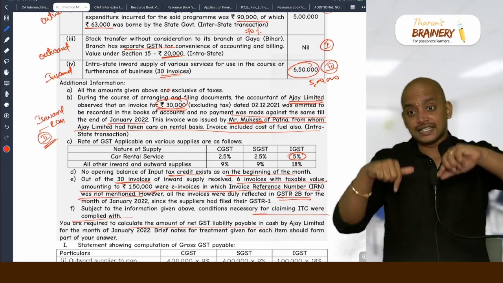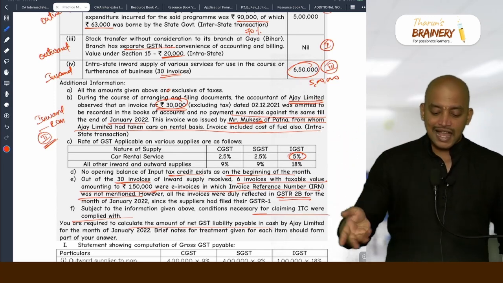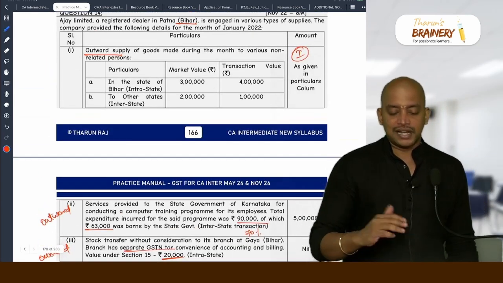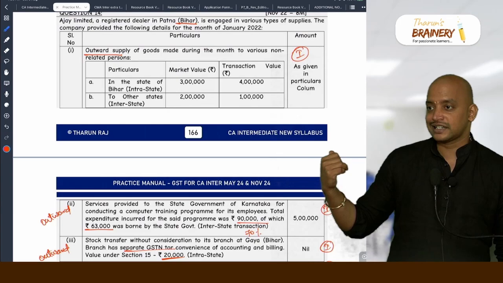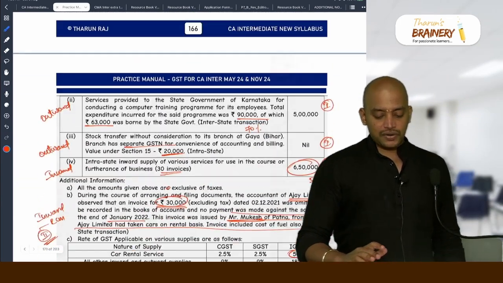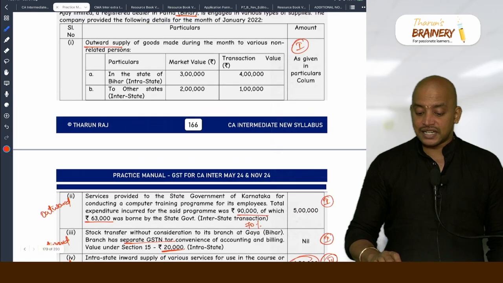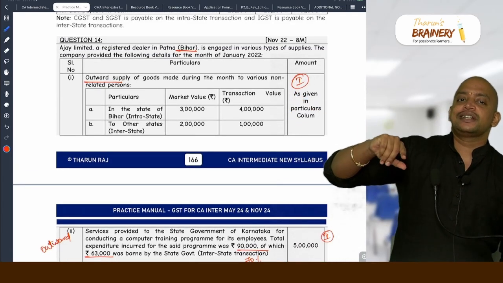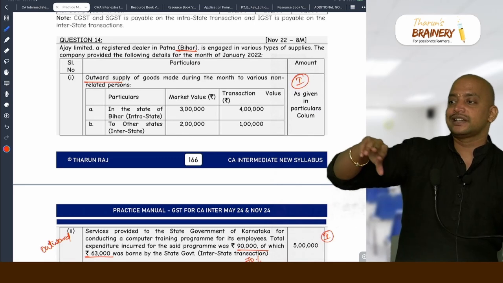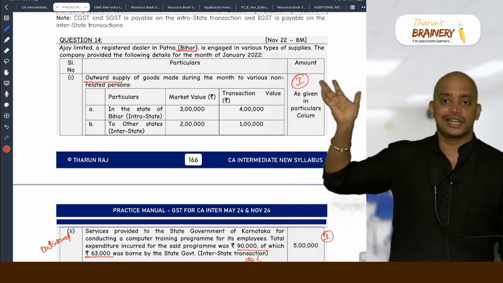Next, RCM, but ITC not available, blocked credit. And then regular outward supplies, that too transactions between distinct persons and non-related persons. This question I referred to long back. I said they will sometimes give market value and transaction value. If it is a related party transaction or price is not the sole consideration, you need to take the market value instead of invoice value, that is, the transaction value.